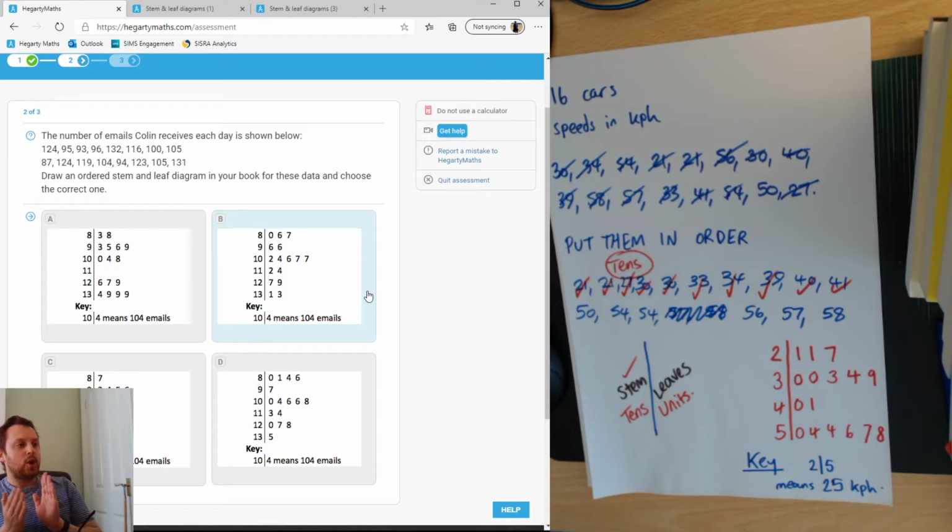So if I've got numbers like 124, it's the 4 that's going to have to be the leaf, which means in the stem, I'm going to have to put the number 12. And that's really going to represent 12 tens.